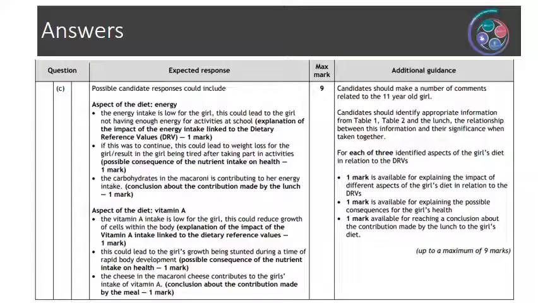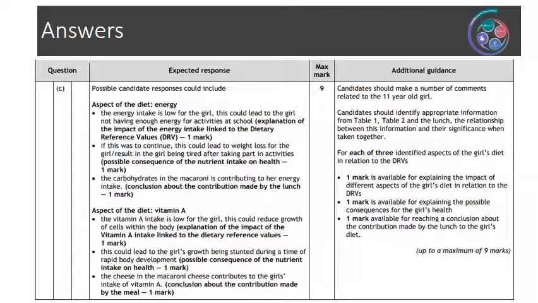For each of 3 identified aspects of the girl's diet in relation to the DRVs, 1 mark is available for explaining the impact of different aspects of the girl's diet in relation to the DRVs. 1 mark is available for explaining the possible consequences for the girl's health, and 1 mark is available for reaching a conclusion about the contribution made by the lunch to the girl's diet. So you had to choose 3 of these and explain them using the RIC acronym.